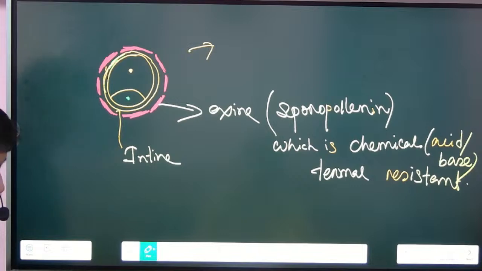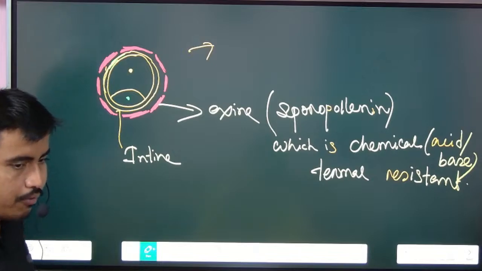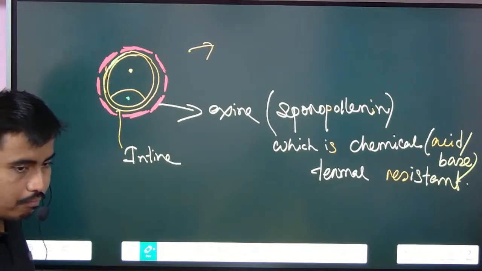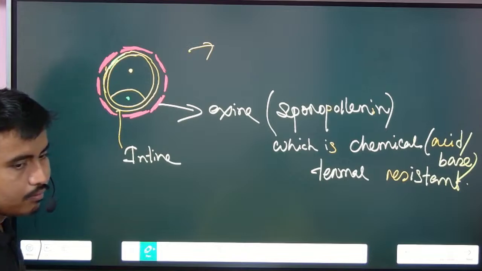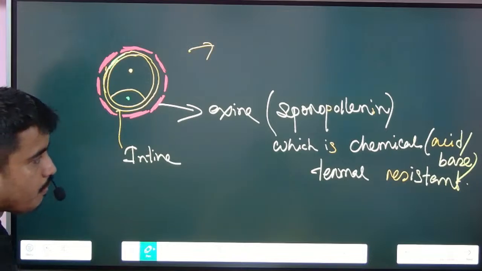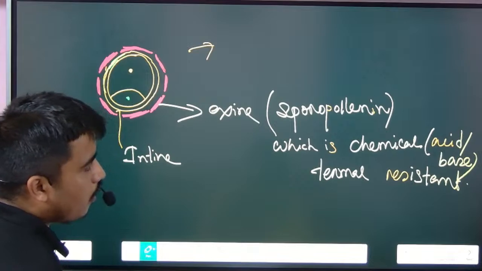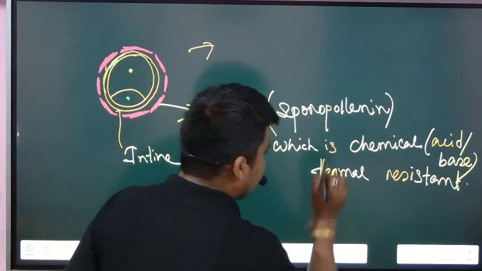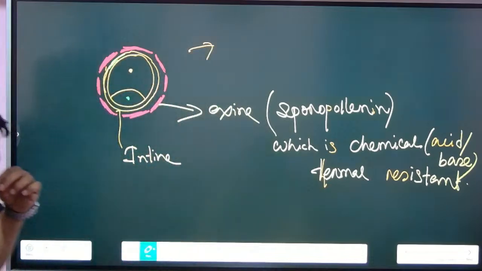In a fossil we cannot get other portions in living form, but we can get the intact pollen grain because of the exine, sporopollenin, which is very hard, chemical and thermal resistant.